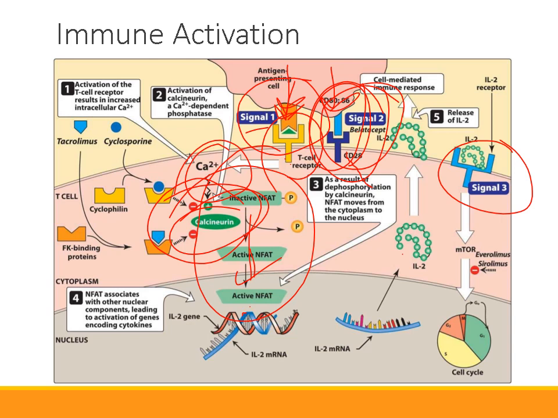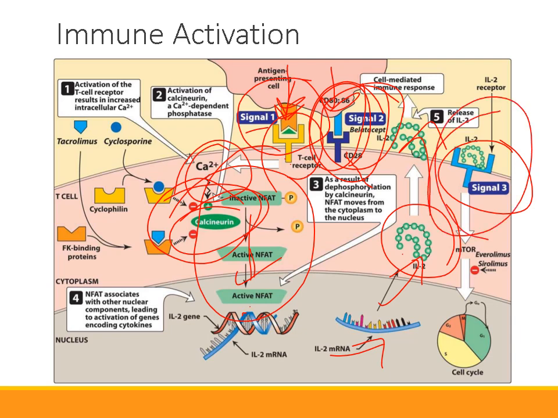Right here you see the mRNA leaving, we produce interleukin-2, and interleukin-2 gets released. That interleukin-2 binds to receptors on other T cells. It's CD25, but again, that doesn't matter. The interleukin-2 binds to receptors on other T cells, which begins this signal 3 pathway.